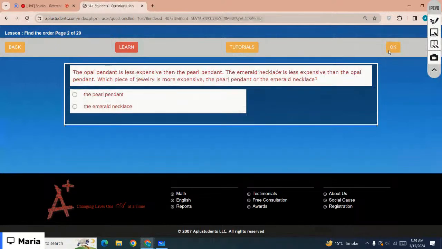The opal pendant is less expensive than the pearl pendant. The emerald pendant is less expensive than the opal pendant. Which piece of the jewelry is more expensive, the pearl pendant or the emerald pendant? Which is the correct option?